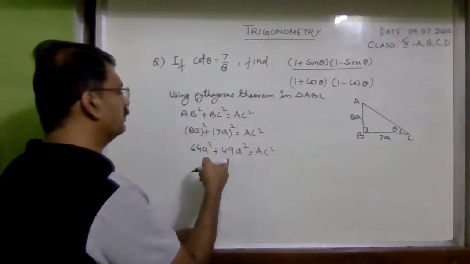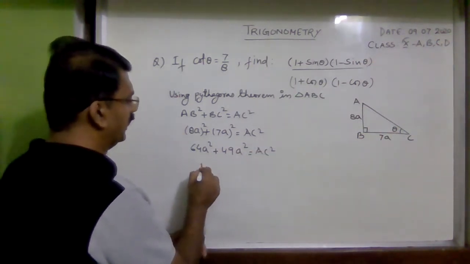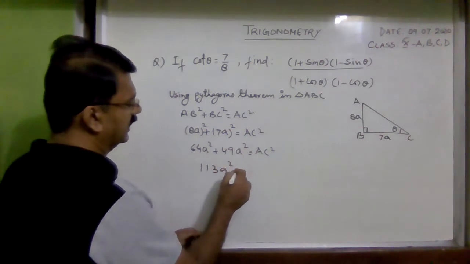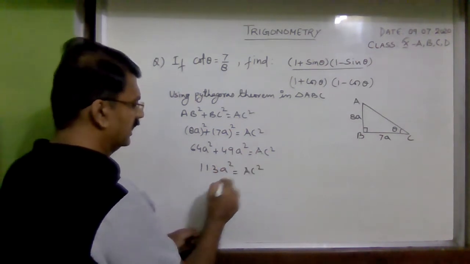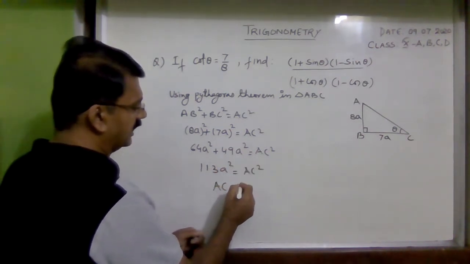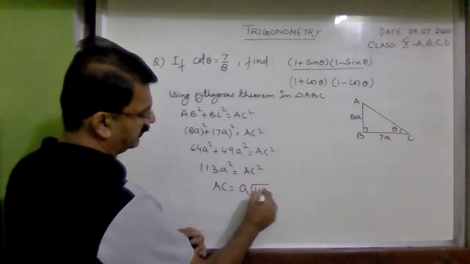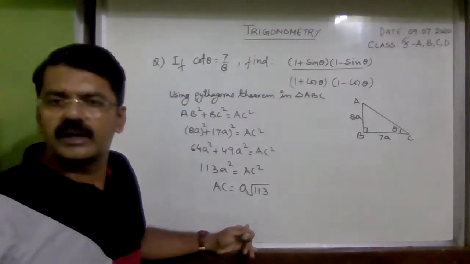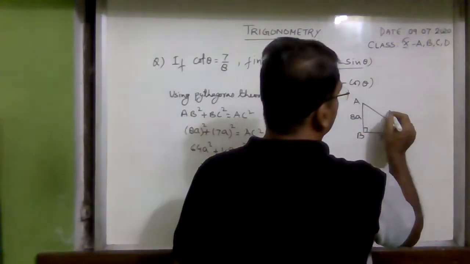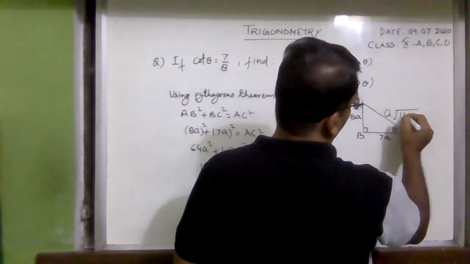Now 64 plus 49 will be 113a square is equal to AC square. So AC will be a into under root 113.